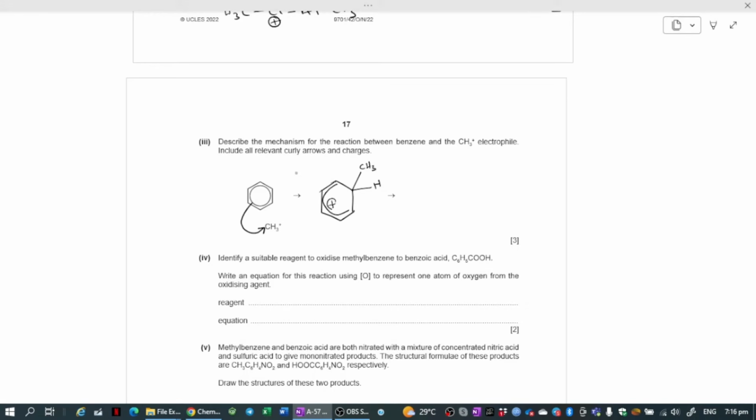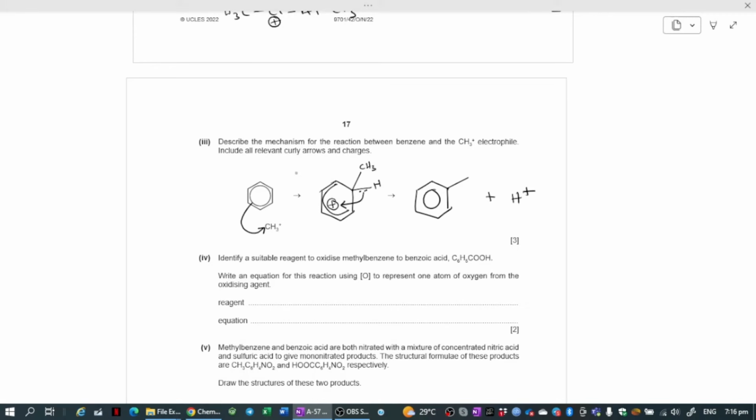So you put your positive charge in the intermediate away from this sp3 carbon, and notice the circle I have also is not drawn up to the sp3 carbon. It starts here and it starts here. And then what happens is this proton is lost into the ring, and you form your compound methylbenzene and H+.